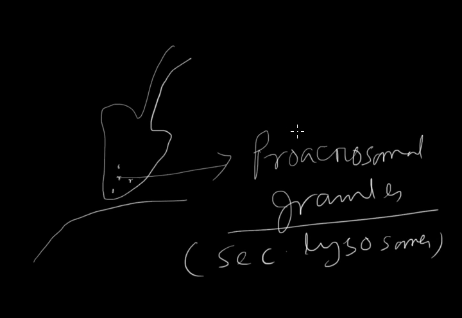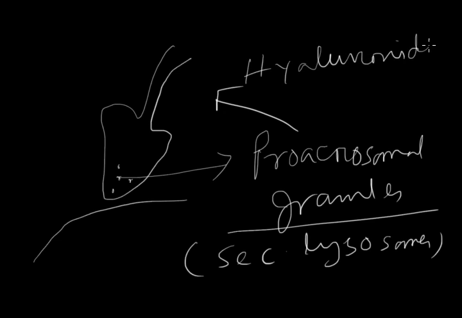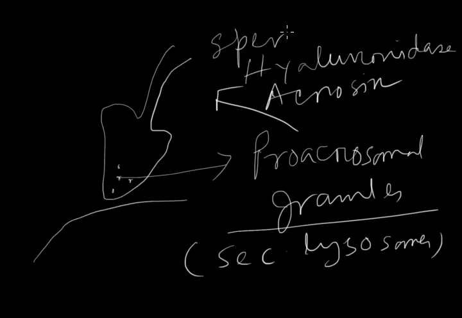They secrete several types of hydrolytic enzymes such as hyaluronidase, acrosin, and even a very important enzyme called sperm lysin. They all act on the membrane.